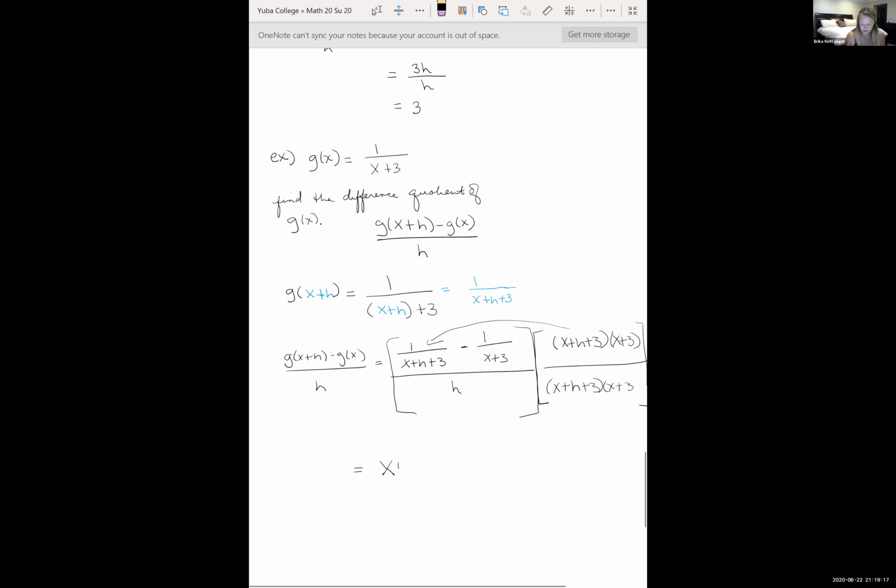Minus, this is where I have to be careful. The x plus 3's cancel, but I have this negative outside. So that negative is going to have to go to this whole piece that's left, the x plus h plus 3. All over, and I'm not going to distribute my denominator, so I have an h times an x plus h plus 3, all times parentheses x plus 3.